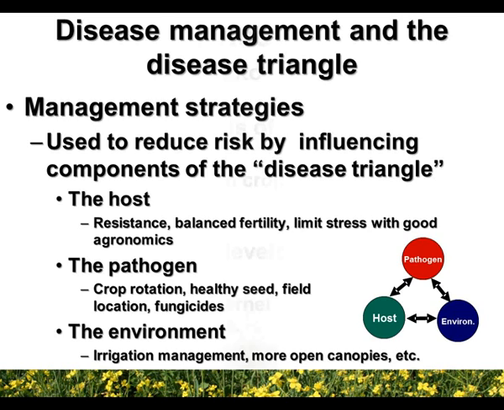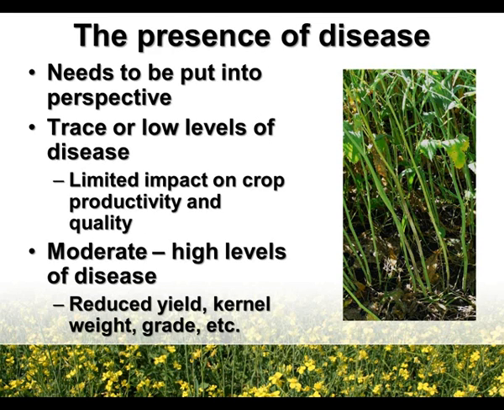Now, if we look at the presence of disease, and this is something that I often get asked to go out and look at, fields in mid to late summer or even early fall, and in some cases the crop scout or consultant or producer on the phone is quite concerned about the disease that they have.